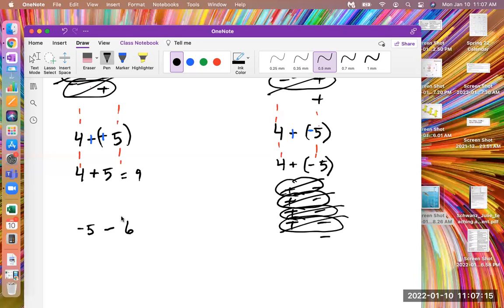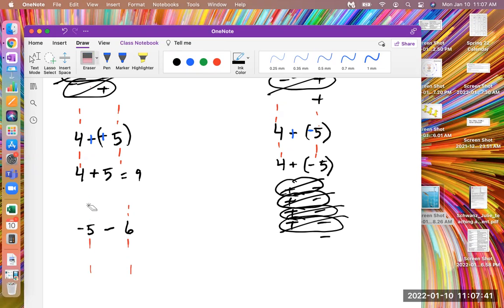I've seen students make the mistake and think, oh, I use my 2-stick rule and I go right here and make these both positive. And that's absolutely not correct, because you have to do your 2-stick rule between the integers, and you're not doing it between the integers when you do it that way, okay? So that would be wrong.